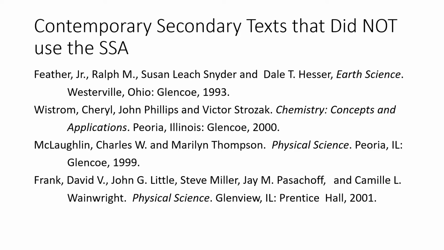Of the ones that didn't use the solar system analogy, they still used some sort of analogy. Feather said that the structure of an atom was like a cloud or like a beehive. Wistrom said that Bohr pictured the atoms as having a central nucleus with electrons revolving around it in well-defined paths. And McLaughlin said it was like a chocolate chip cookie.